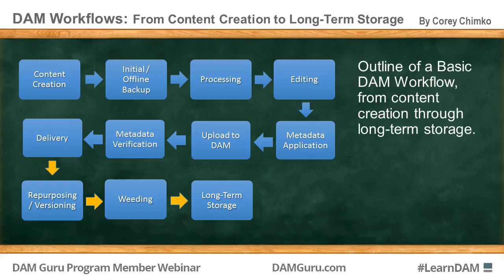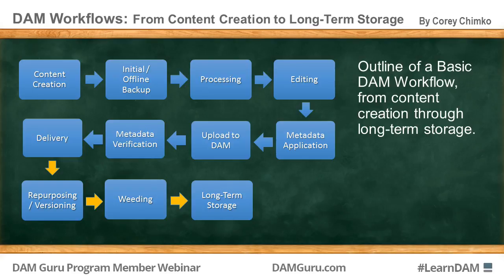And then how we get basically to asset delivery to your client or whoever it is that you're sending your content to. Now these last 3 are parts of the DAM workflow process that typically occur after an initial project or something is over. That includes repurposing or versioning assets.